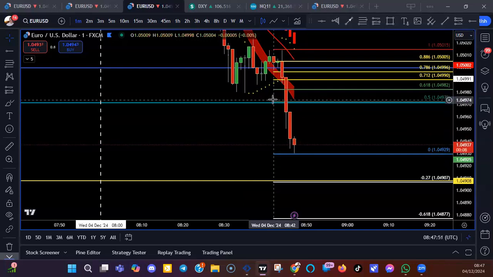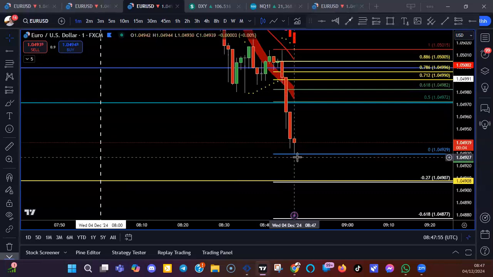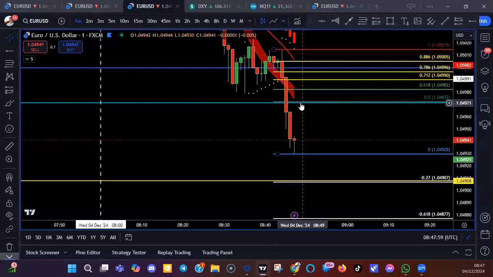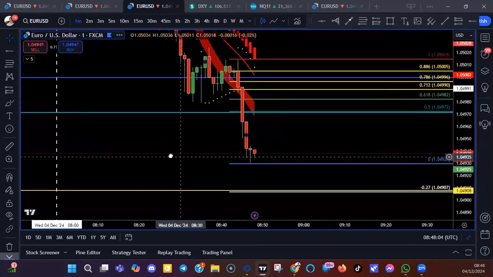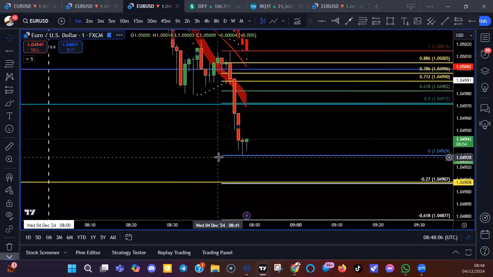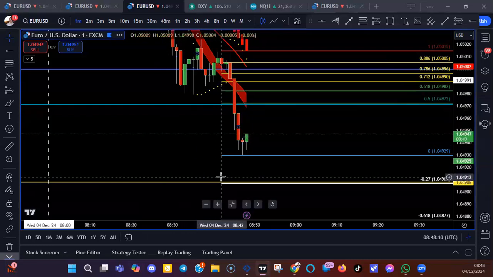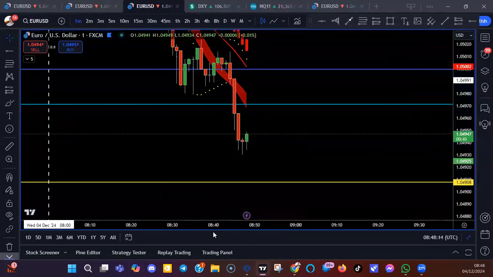Because what happens sometimes is price climbs back up to at least 50% of it before carrying on down, if it's going to carry on down, which is that line there, incidentally. So I'll do away with that.